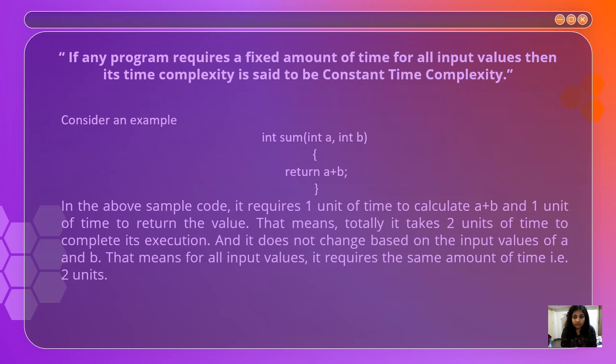In the above example, it requires 1 unit of time to calculate the sum and 1 unit of time to return the value. This means that it takes 2 units of time to complete the execution, and it does not change based on the input values of integer a and integer b. For all the input values, the time complexity remains the same. So this is what is known as constant time complexity.